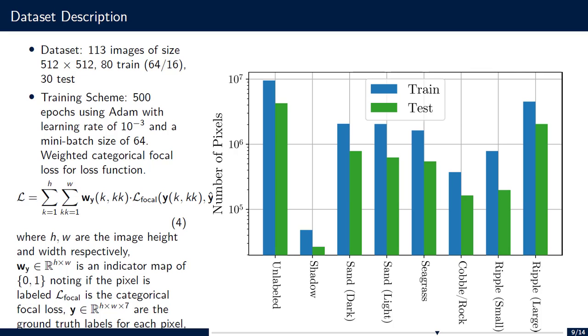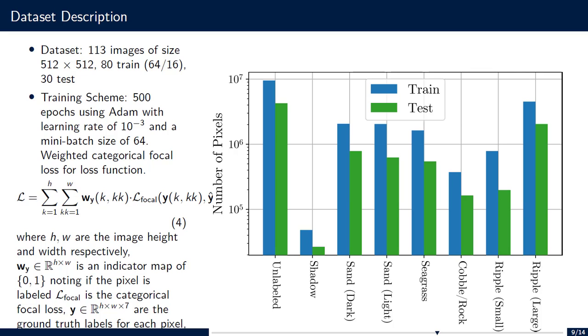No location information or other metadata about the SAS system was provided for the images. The size of the training and test sets are 80 and 33 images respectively. Of the training data, we use 64 images for training and 16 images for validation. The distribution of labels is class imbalanced, and we show this in the figure.